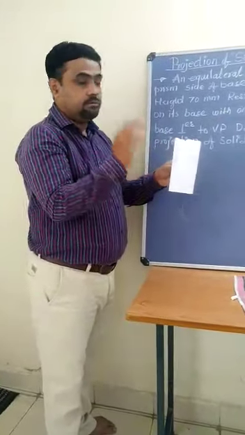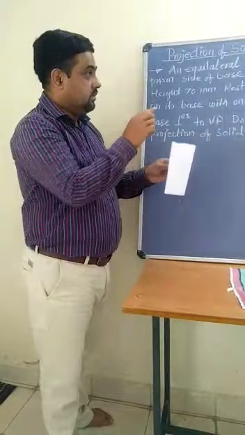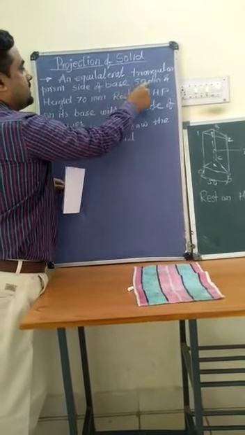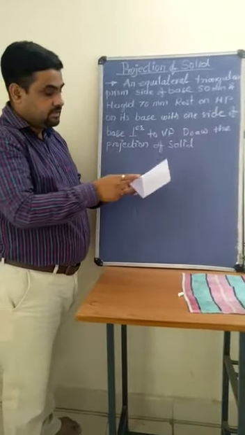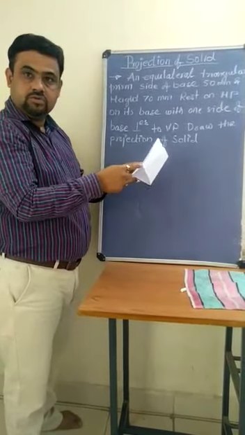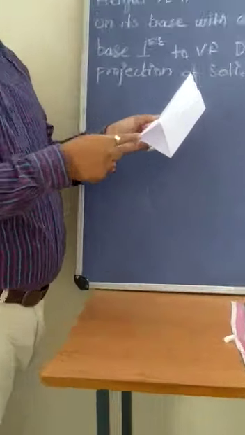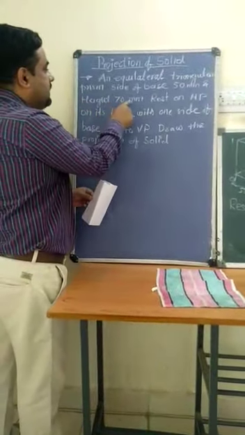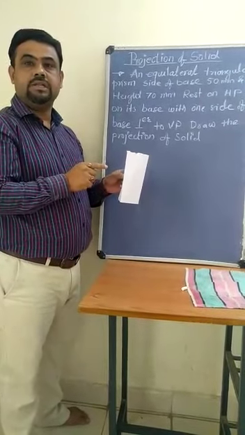Now after identifying the solid, the dimensions of that solid. Side of base 50 mm. This is the side of base, so the length of this side of base is 50 mm. Again, height 70 mm. Height always means axial height.